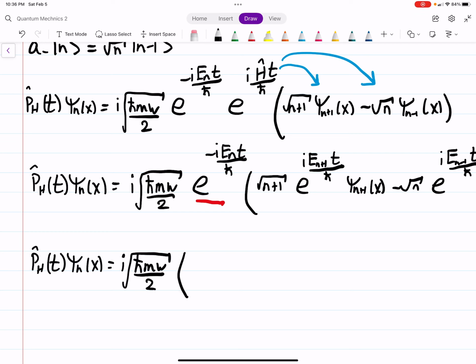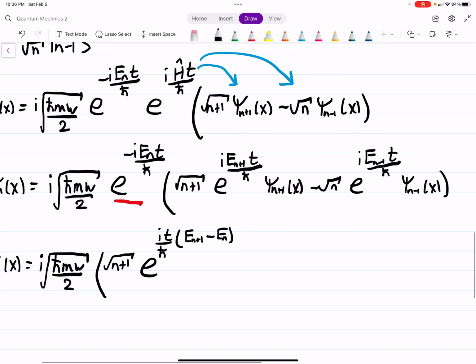Okay, so we're going to get the square root of n plus 1 e. They both have an i, they both have a t, they both have an h bar, and that'll be e sub n plus 1 minus e sub n. And then we still have our state.